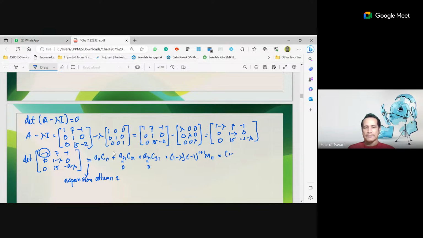So 1 minus lambda multiplied by M11. M11 is found by deleting the first row and first column, so we have 1 minus lambda, 0, 15, and minus 2 minus lambda.